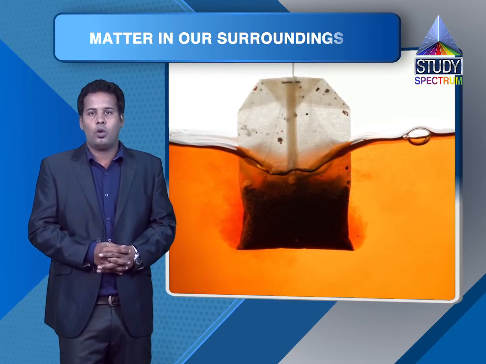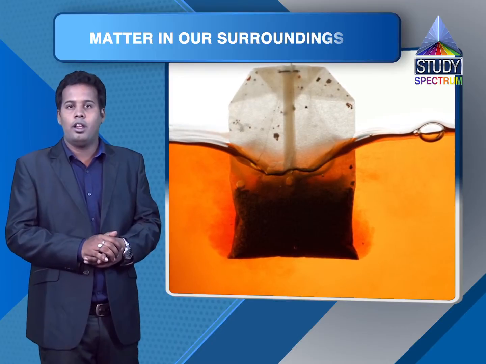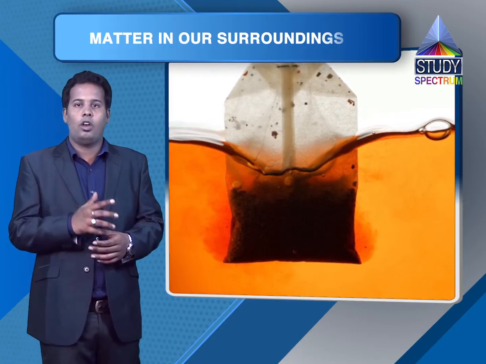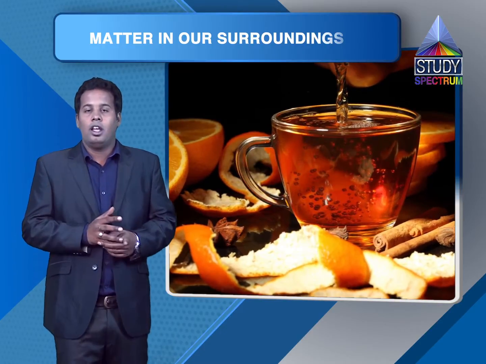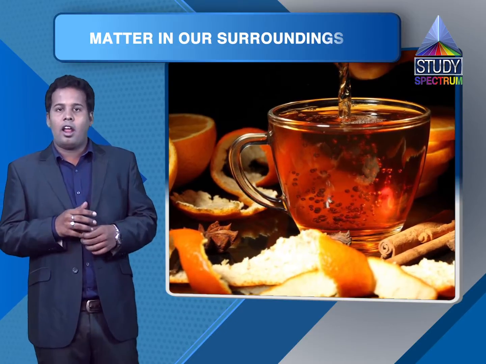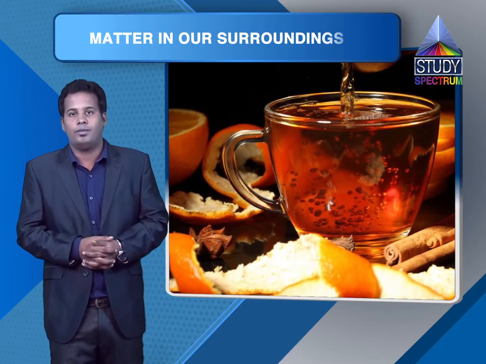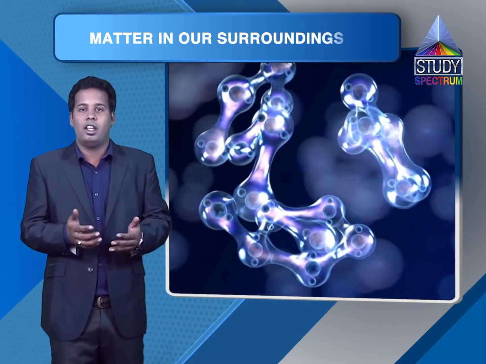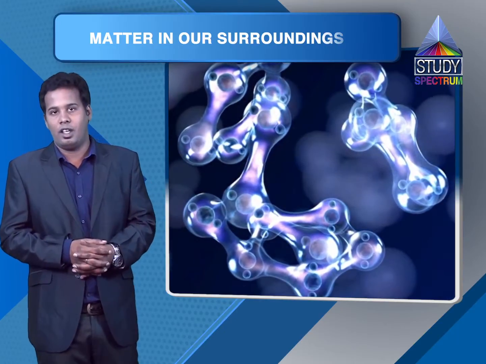You will find slowly that the color of tea will spread uniformly throughout the volume of that boiled water. It reflects that the particles contained in a tea bag are actually being trapped into the molecules of water. It reflects that molecules of water do have spaces between them.